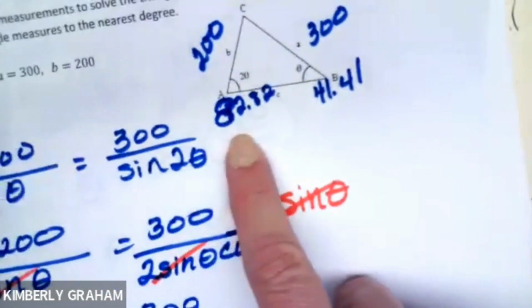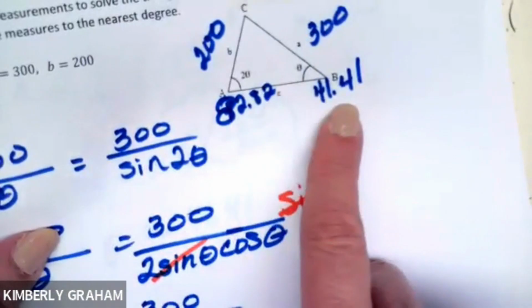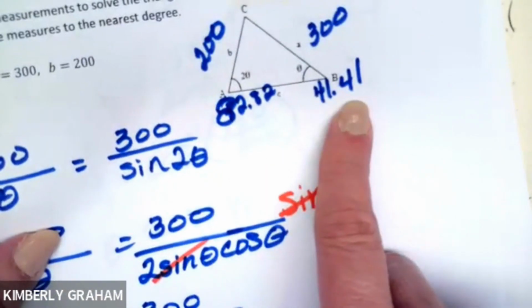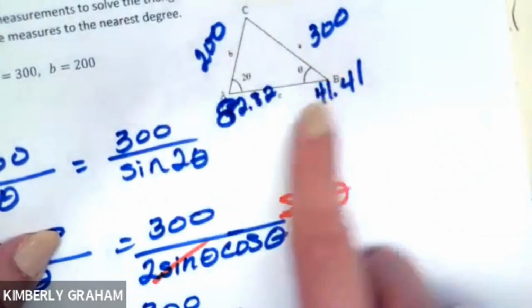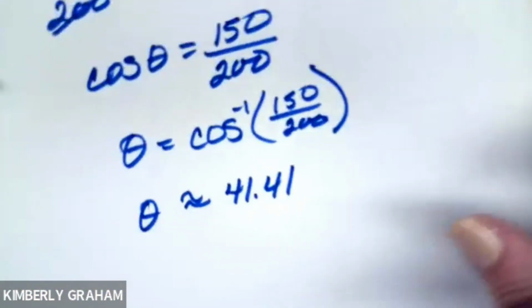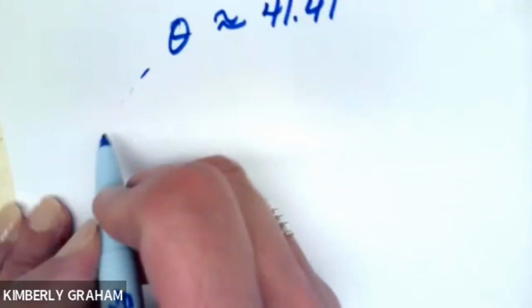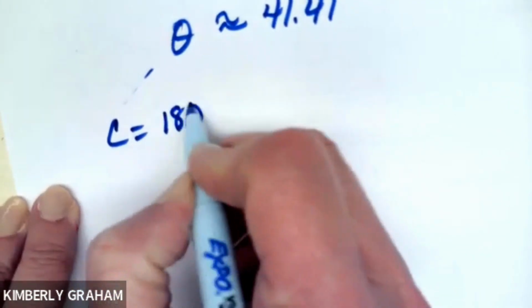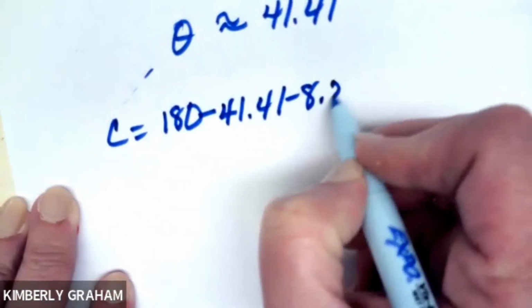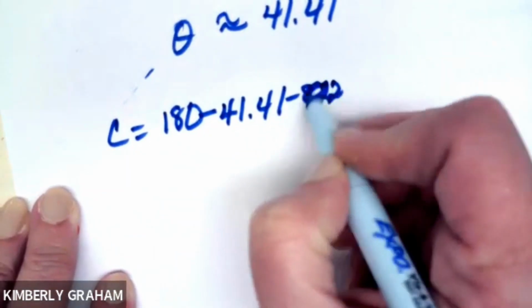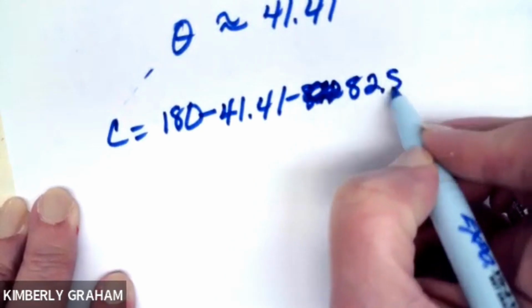Okay, so these are the numbers that I'm going to need to use to figure out angle C. Remember, angles of a triangle have to add up to be 180. So C would be 180 minus 41.41 minus 82.82.